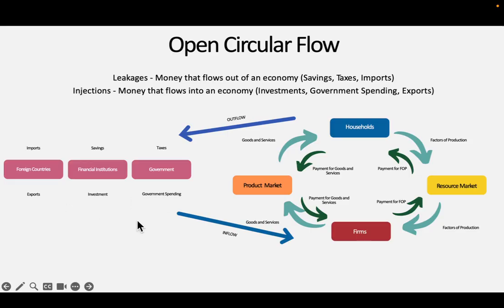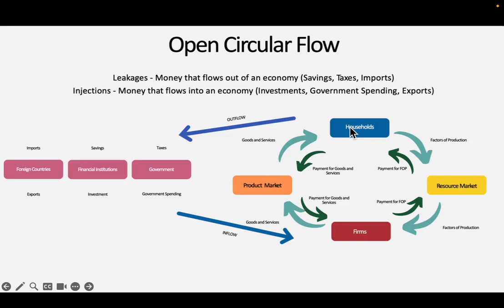If money is entering the country, that's called an injection or an inflow. So examples of injections or inflows are exports when countries are buying our goods, investment when there's increase in investment in the country, and government spending. All of that is money coming into the country.